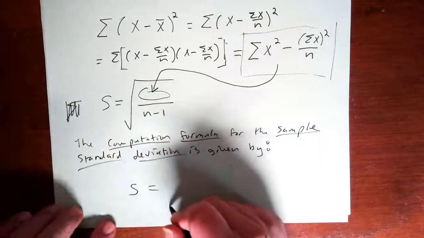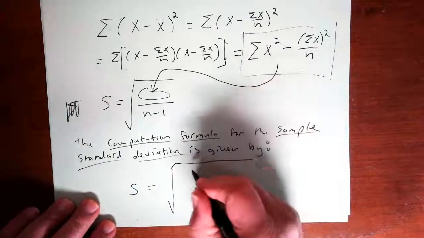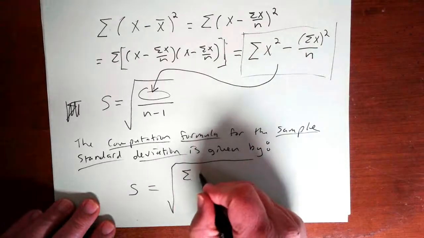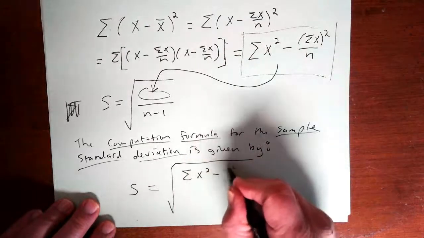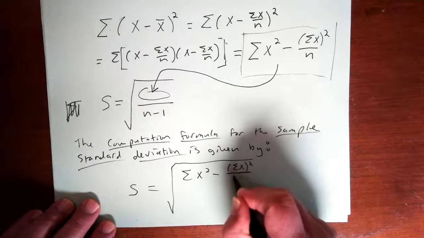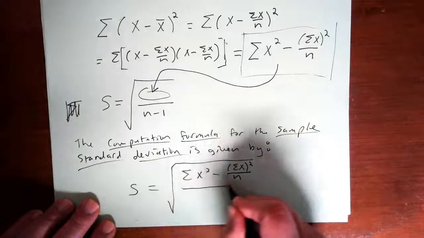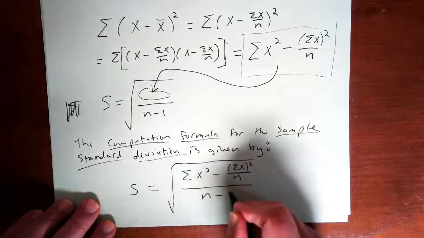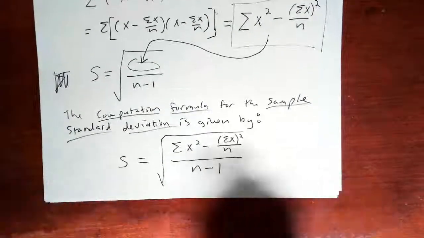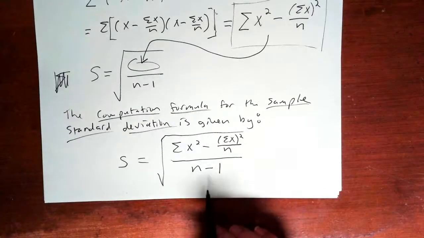S is equal to, so on the top here you have this sum of x squared minus the sum of x quantity squared over n, and then all of that is over n minus 1, and then you take the square root of that. And that is the computation formula for the sample standard deviation.